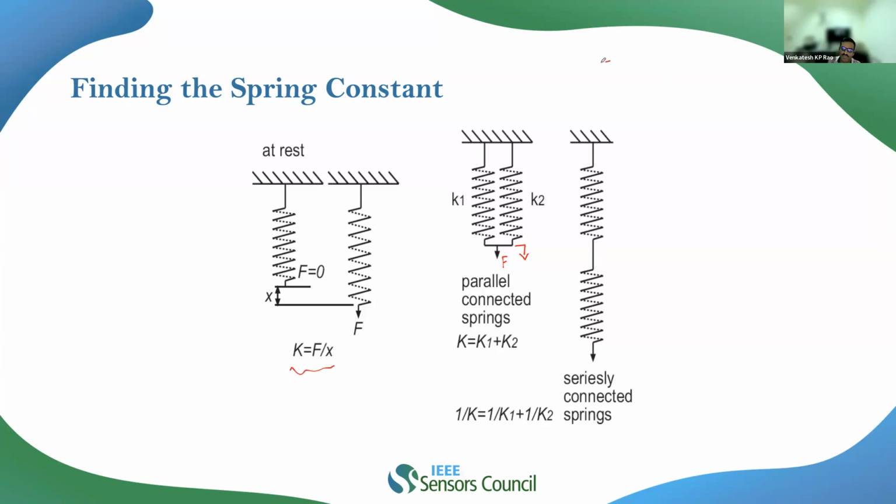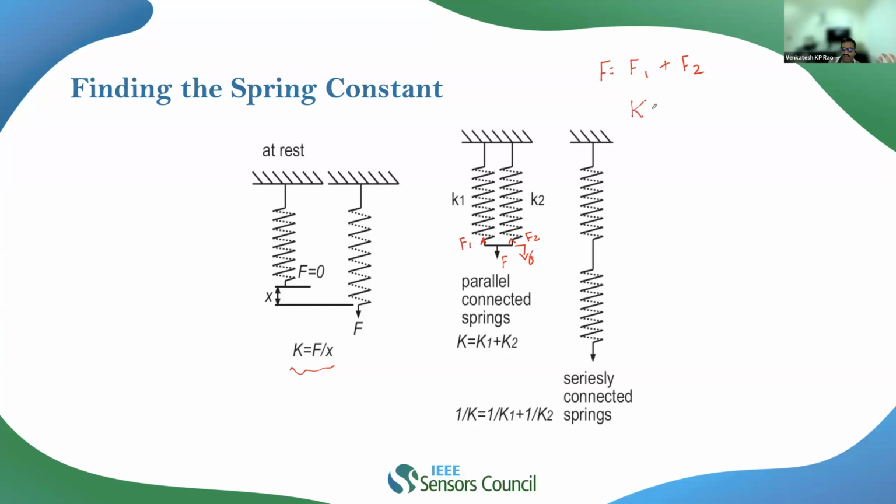In this case, the force will get distributed between both of them. One is F1, the other one is F2, so you will get F equals F1 plus F2. But the deformation remains the same, just like in a composite beam.